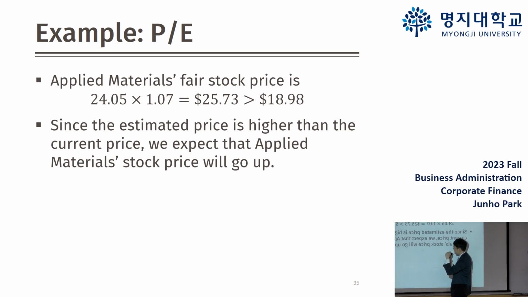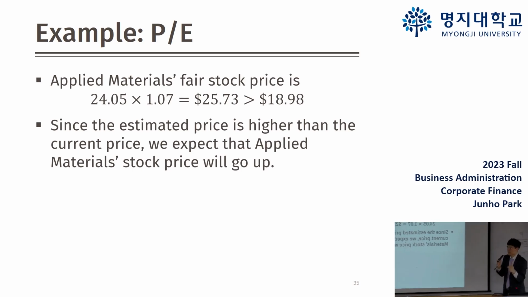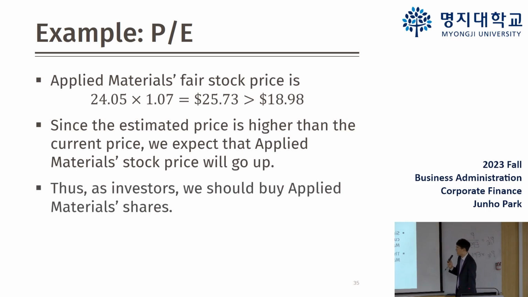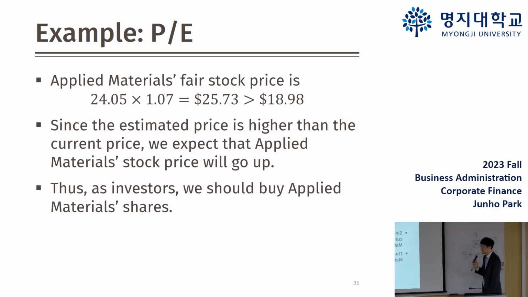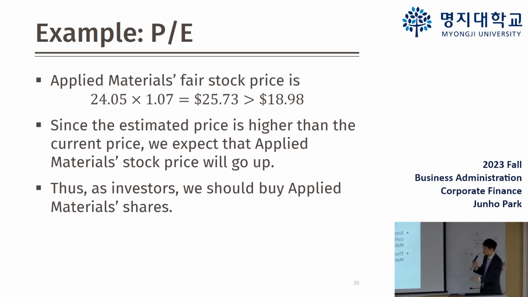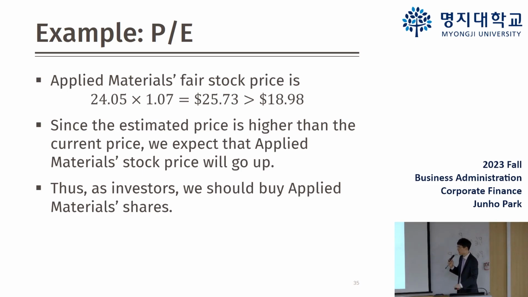So although the stock price is only $19, it will go up to $25. Therefore, we have to buy Applied Materials shares if we have done this kind of analysis, because we believe our analysis is correct, that eventually the stock price will become $25.73.